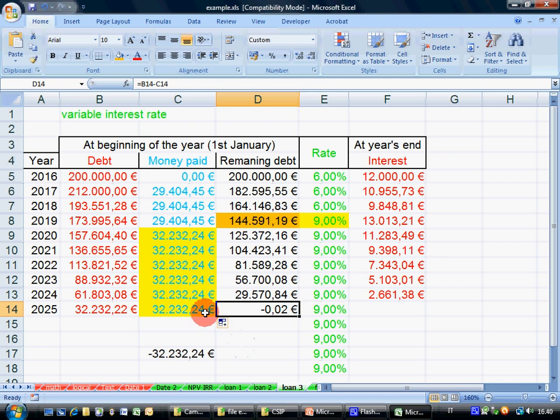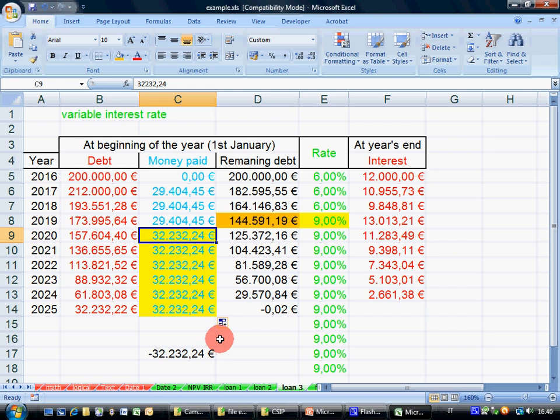Okay, so pay attention when recalculating your debt. In order to recalculate it, take the new interest rate, take the remaining number of years, and as debt, take this one, the remaining debt of the year before.